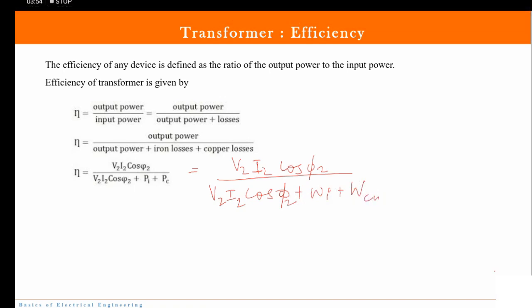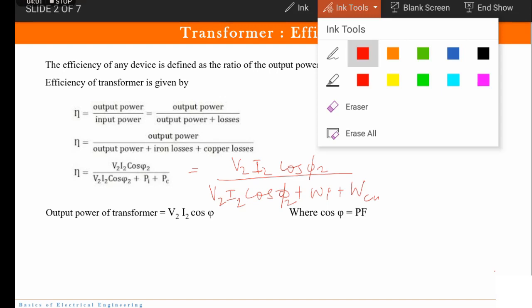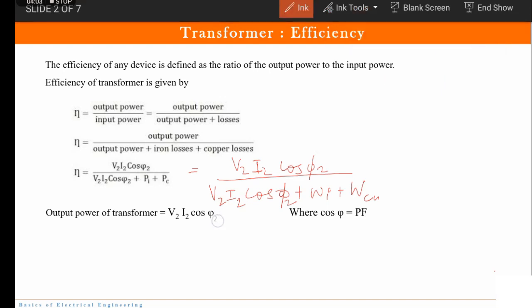Fine? Yes? So the output power of transformer is specified here. Okay? Whereas cos phi 2 is nothing but the power factor.